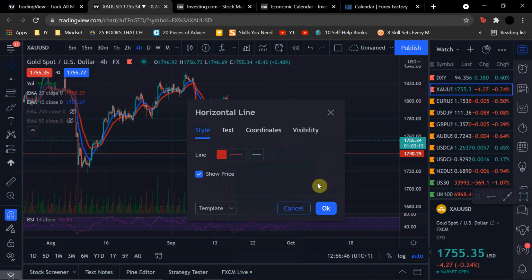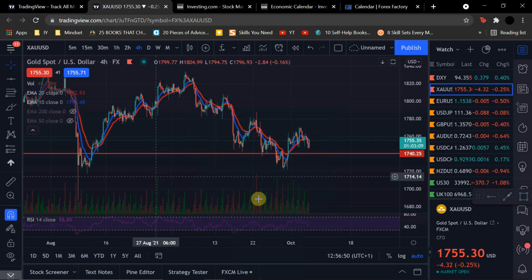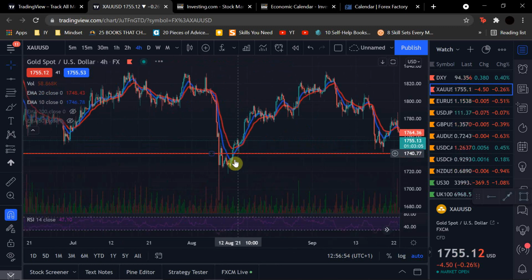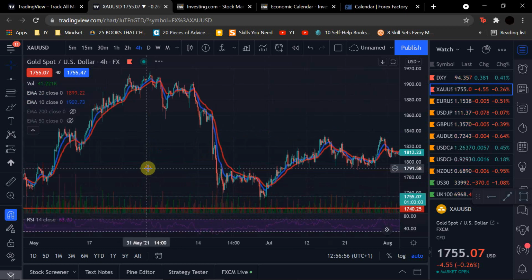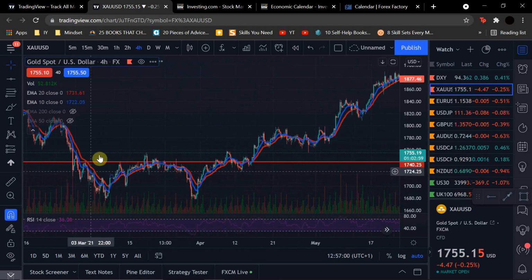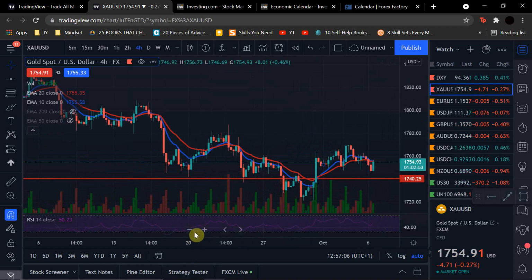Make it red and make it a bit bigger. Look, number 1, number 2, touch there with a wick. Number 3. Look, it's touching that area several times. Cool, we got that area down.